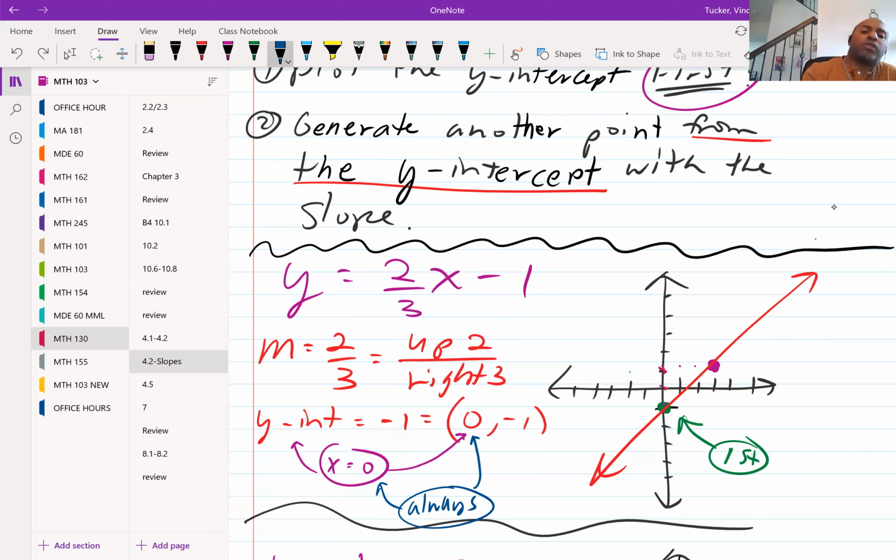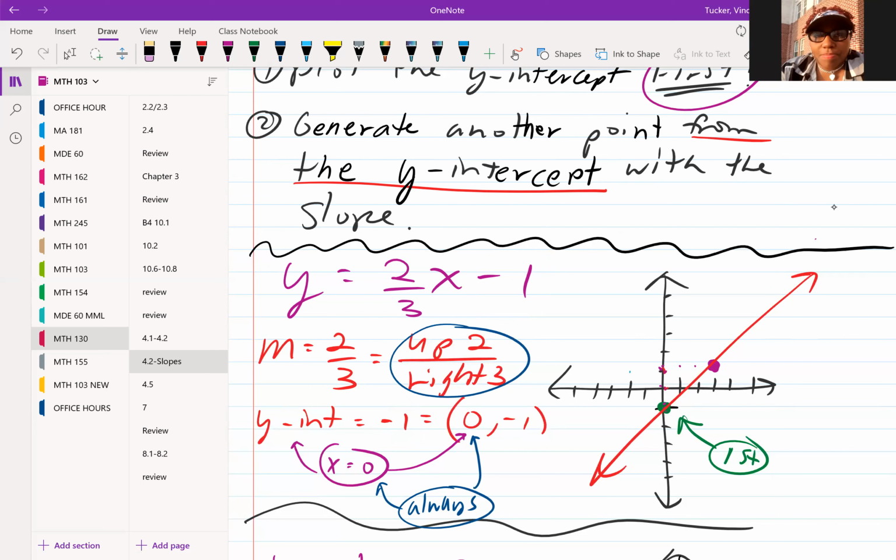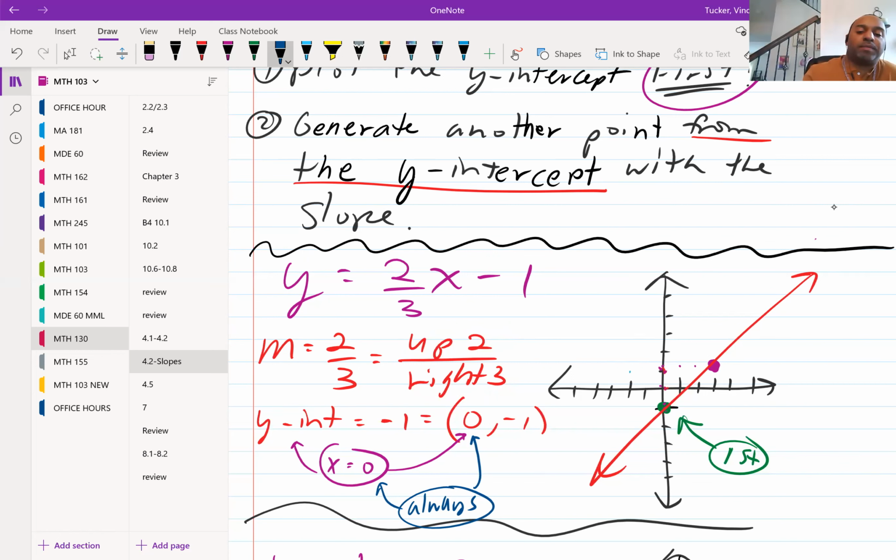All right. So now your slope, once again, is not a point. It's a set of directions. Your slope is +2 over +3. That means I would go up 2, right 3, because both of them are positive. Now your y-intercept is an actual point. Remember we talked about intercepts last class. If it's your y-intercept, x is always 0. So the coordinates of your y-intercept are 0, -1.